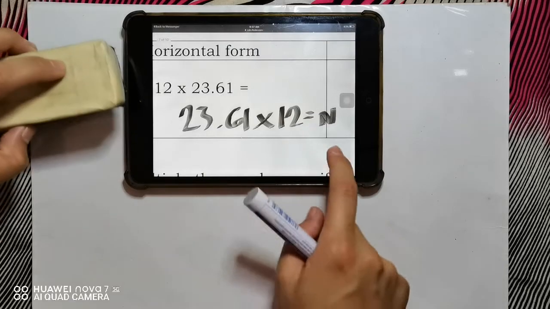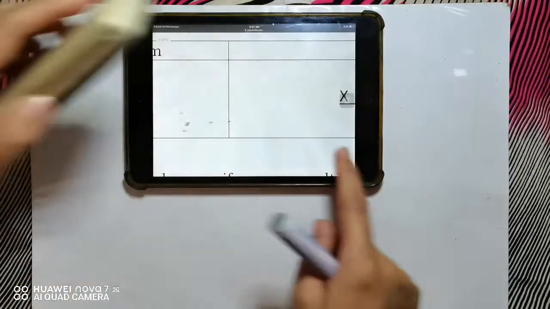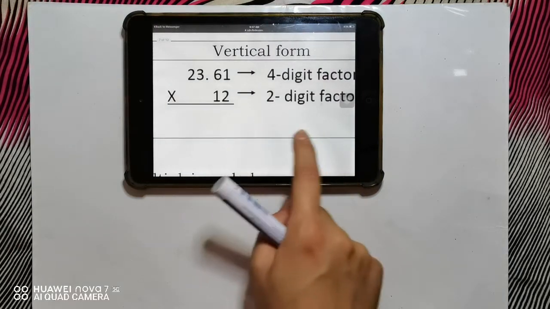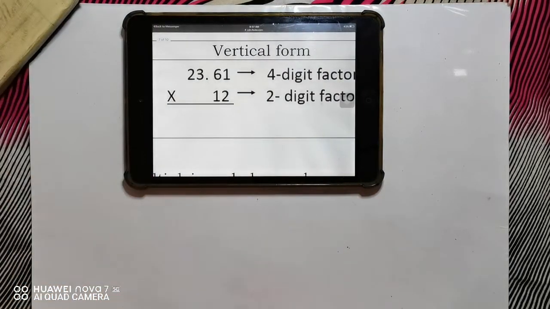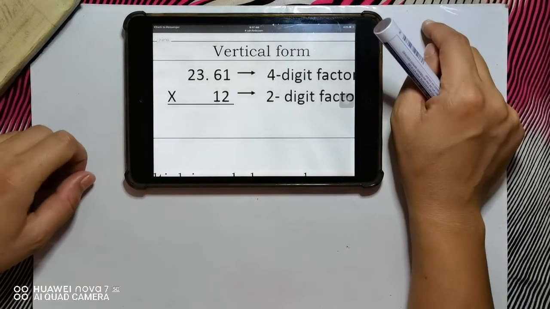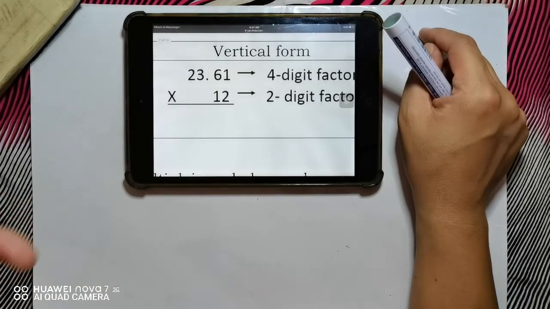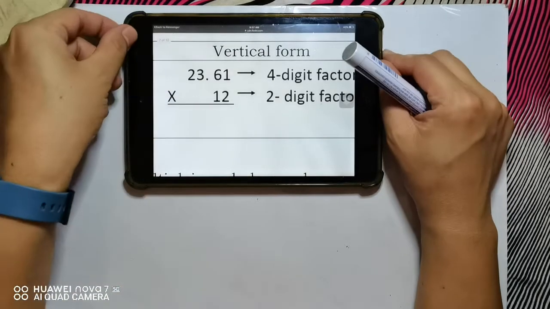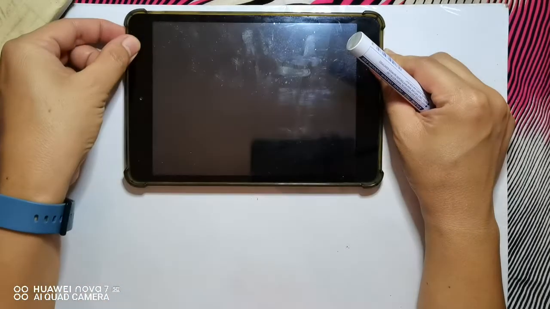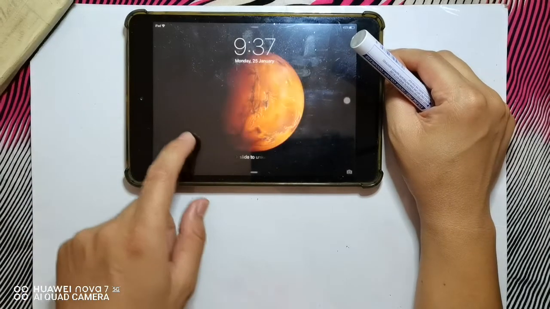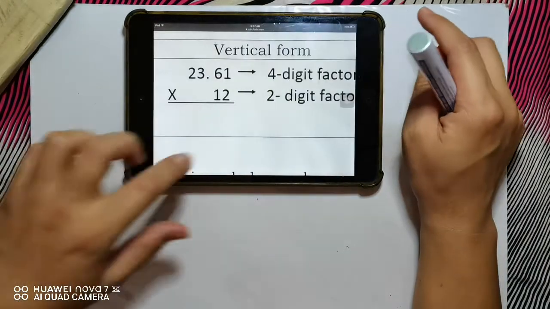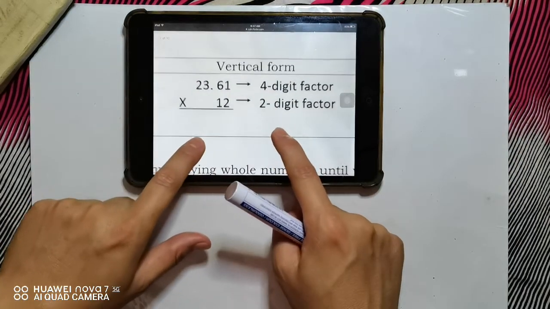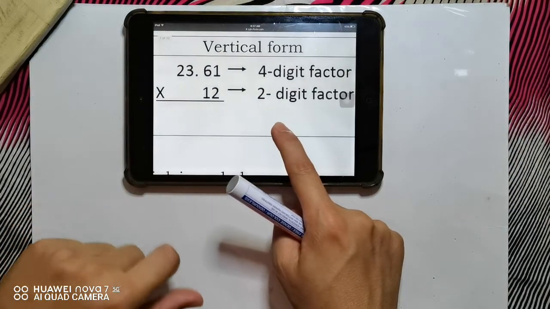And pwede yan na, yung mas madali is the vertical form. Ito yung sinasabi ko na it will be easy na mag-multiply tayo if we're going to multiply numbers in the vertical form at mas madami yung digit na nasa itaas. So, makikita natin dito, ito ang gagamitin natin yung vertical form.